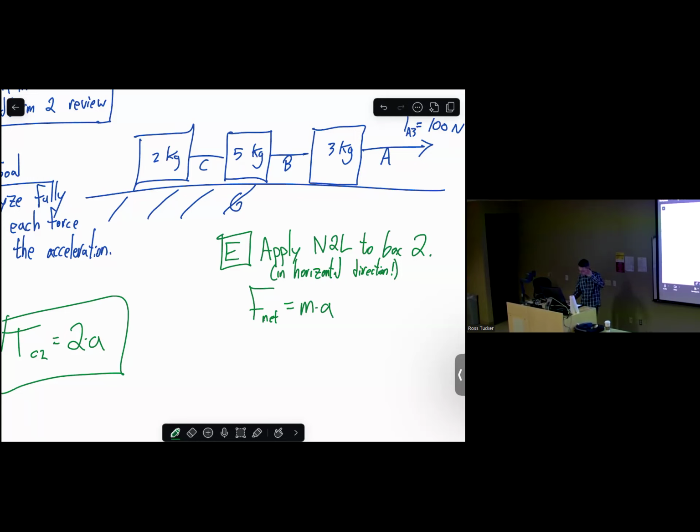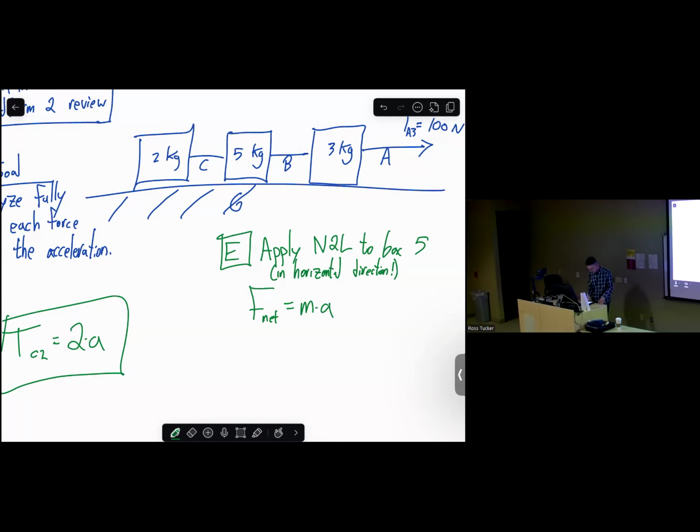Let's do this one more time for the 5, not one more time, we're gonna do this twice more. Do this for the 5 kilo box. Apply Newton's second law to box 5 in the horizontal direction. Okay, this is Google question G, G for golf.